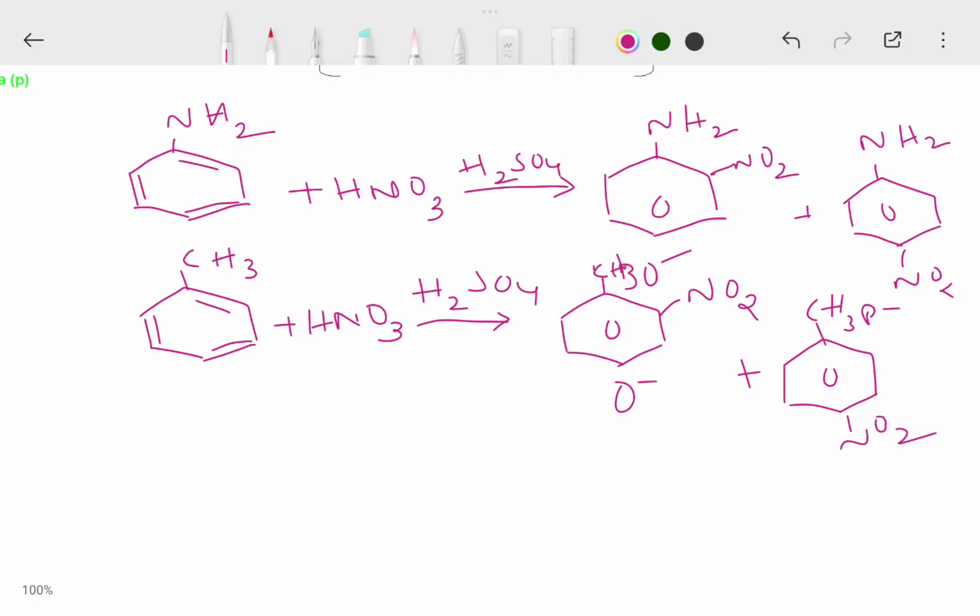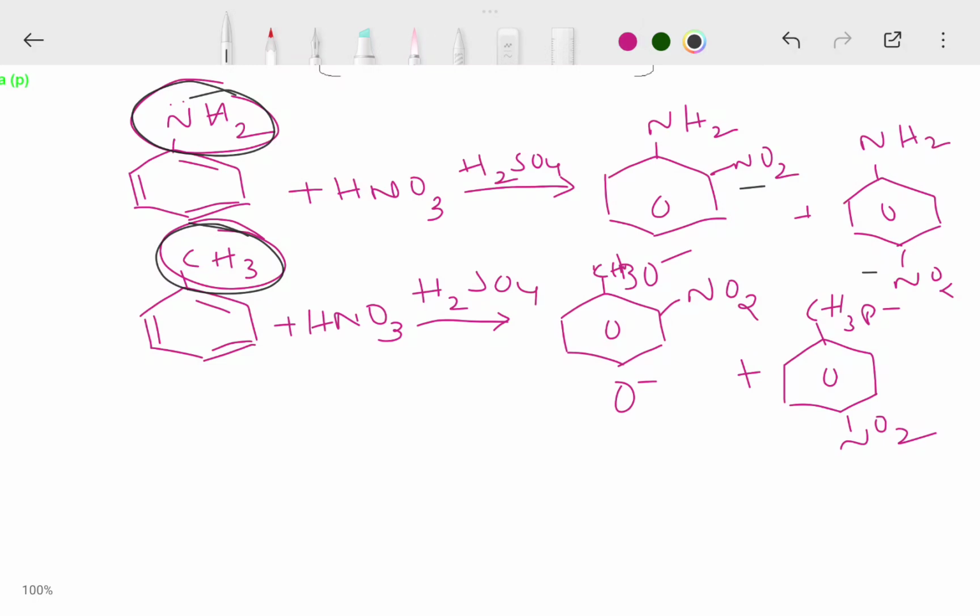Because here the NH2 group and CH3 group are electron donating groups. These electron donating groups donate electrons towards the benzene ring and increase the electron density at ortho and para positions. That's why the second electrophile enters at ortho and para positions, and that's why we are getting two types of products, ortho and para substituted products.